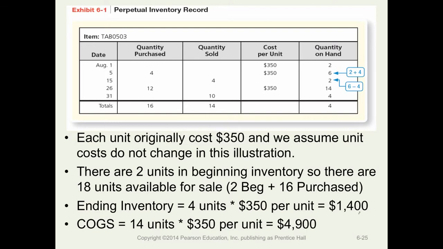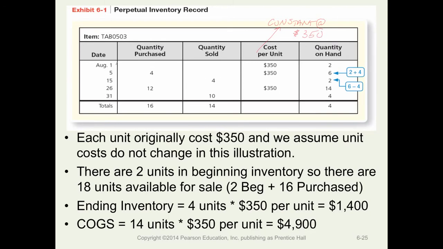And we have various units. You start the period with a two unit inventory. The cost is constant, so this is always the same. So it's constant at $350. You got 2 units on hand.